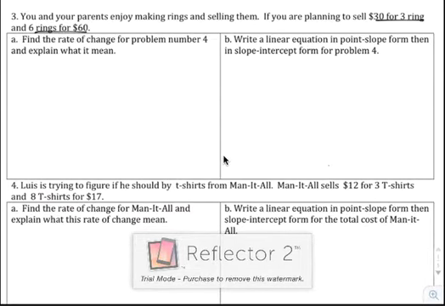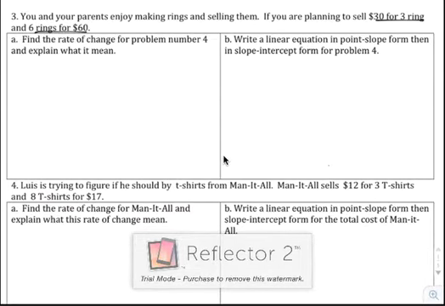So it's y2 minus y1 over x2 minus x1. y2 is $60 minus $30. Notice the units are the same, so we can subtract them.